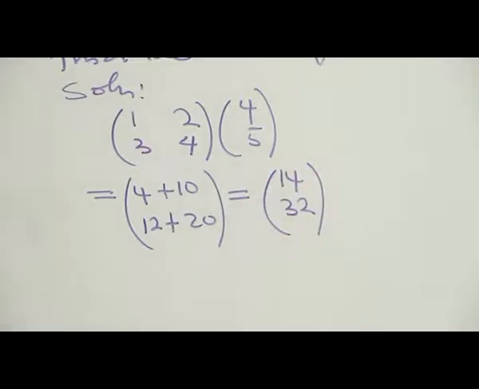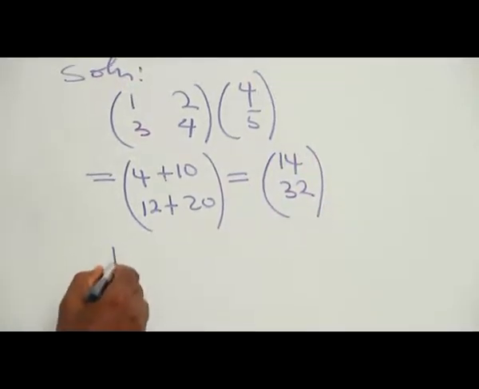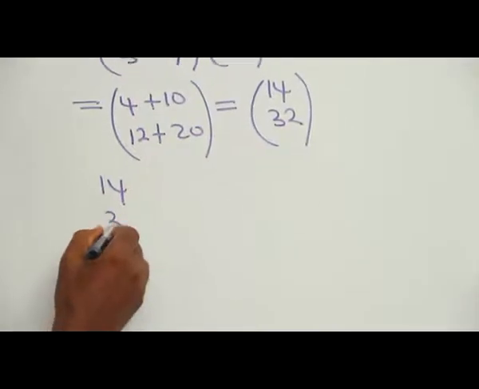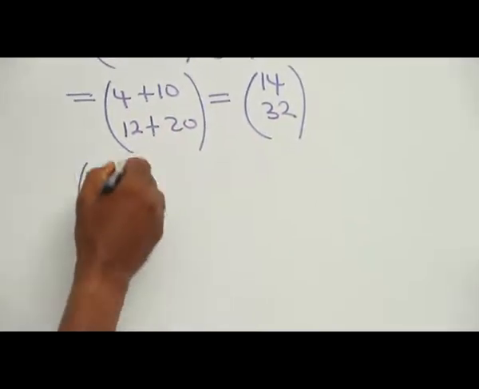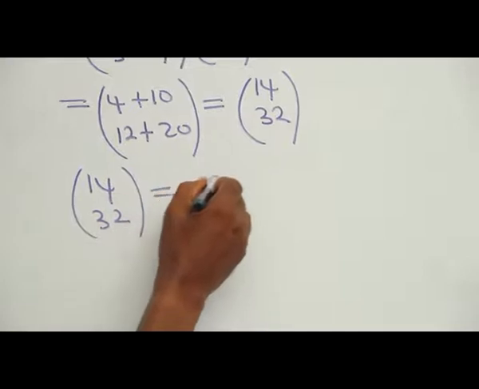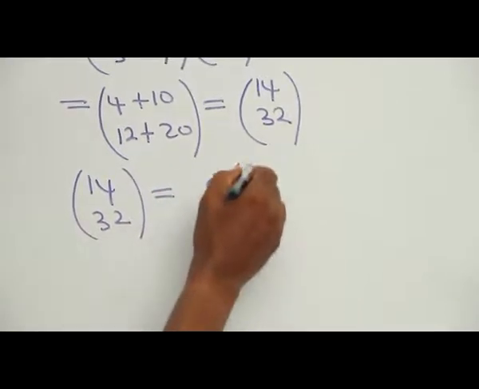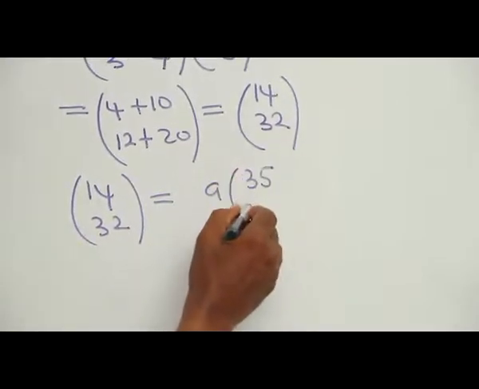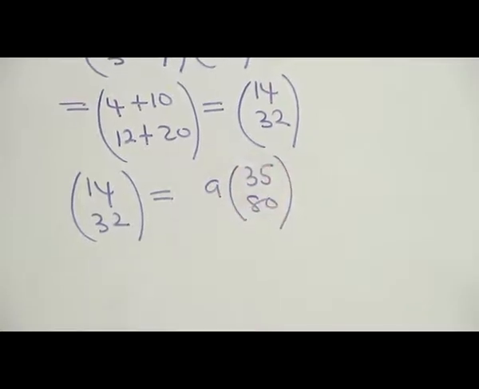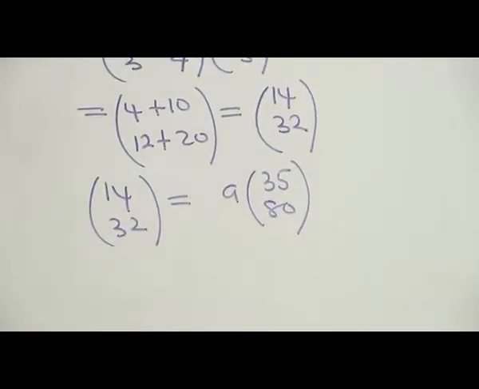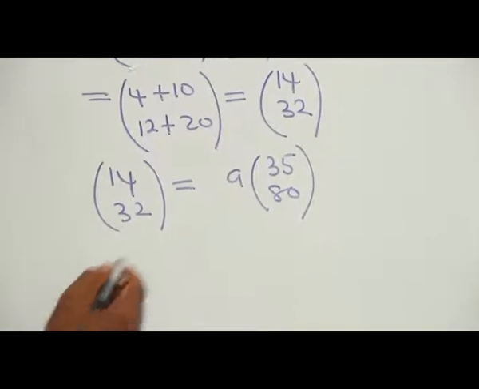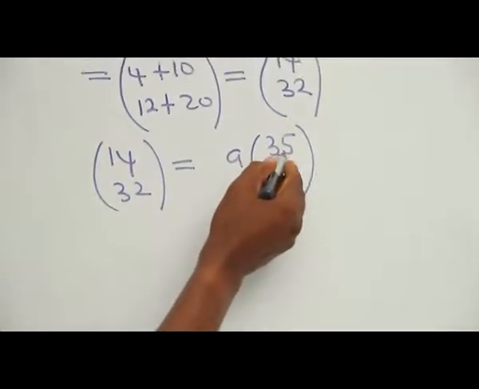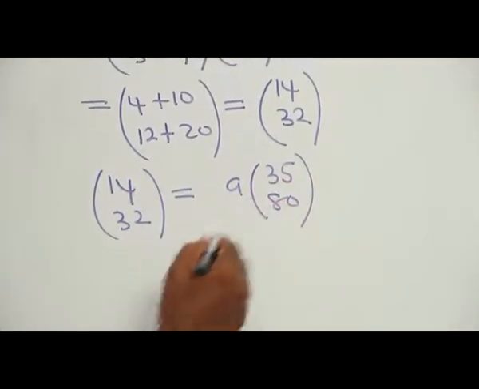Now, we want to write your 14, 32 equal to A into 35 and 80. The only way we can do this is like factorizing this.